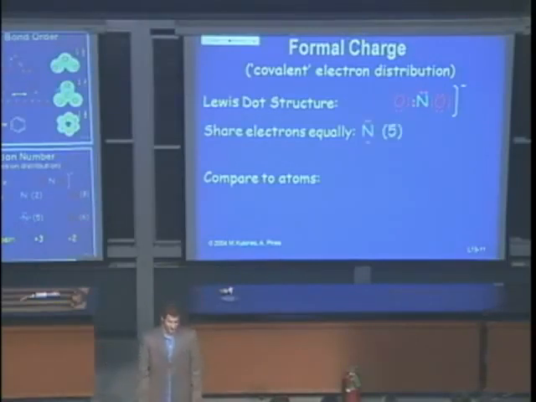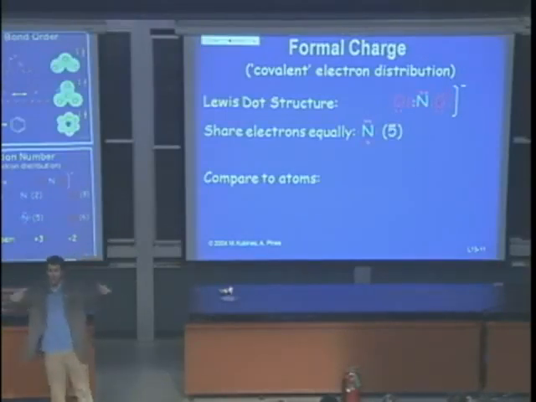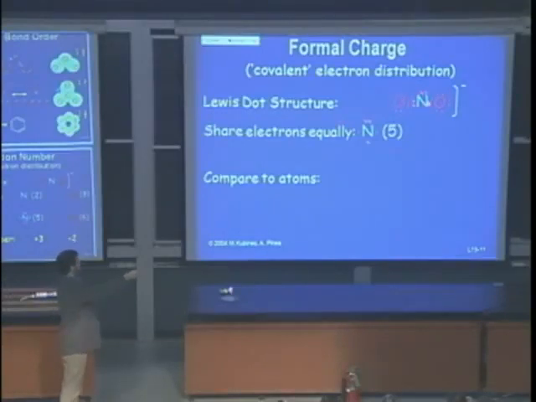So the way we start this is we share electrons equally. I look at nitrogen. It's got this lone pair, which it isn't sharing with anyone, so those 2 electrons belong to the nitrogen. We go to the bonding electrons, and we share them equally across the bond. There's 4 bonding electrons here between nitrogen and oxygen, so 2 of them go to nitrogen.